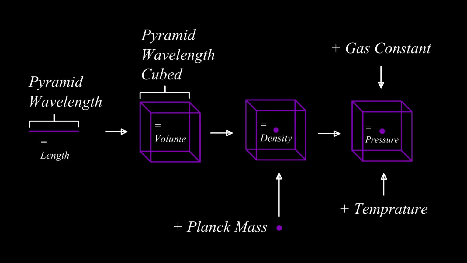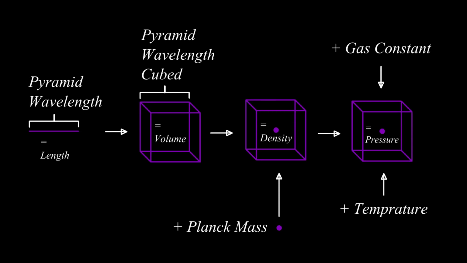So it is the wavelength of the pyramid cubed with the Planck mass inserted within it to derive a specific density. There is one more step required in the calculations because pressure must be derived from density, because pressure is how you physically measure the gas inside the pyramids.